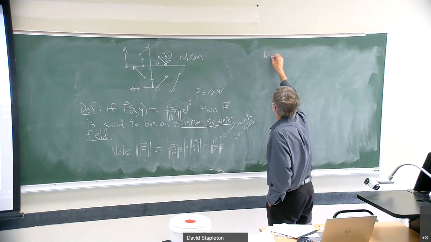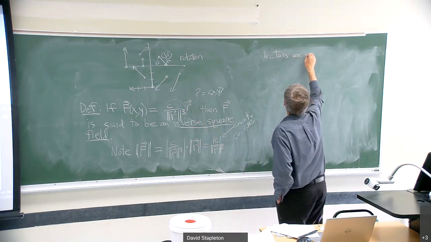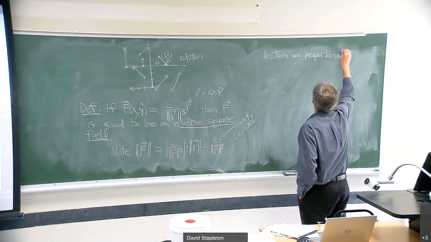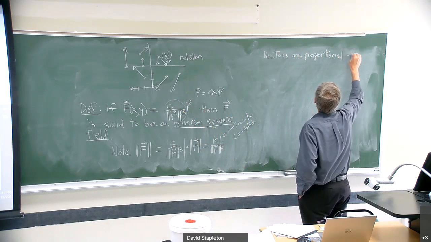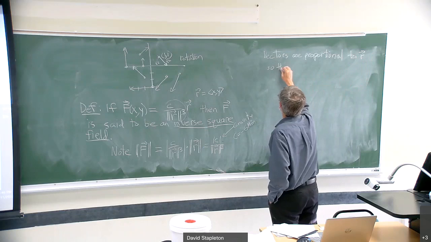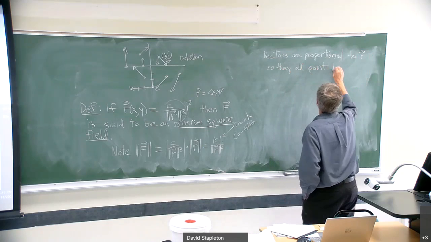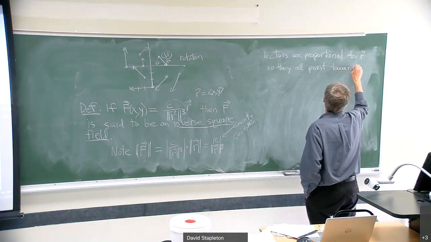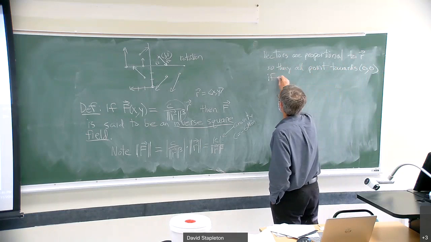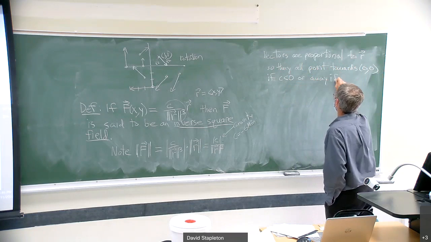So vectors, since they're proportional to r, a number times r, where r is the vector to the point you're at, all point towards the origin if c is negative, such as in gravity, or away if c is greater than 0.